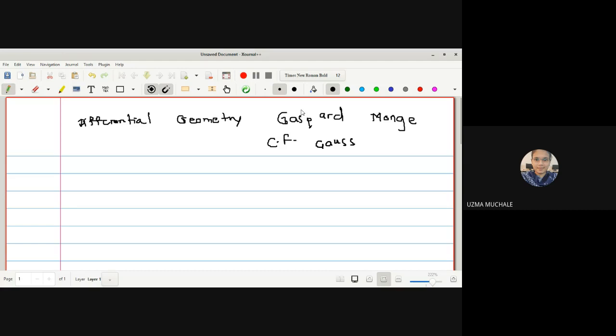These two mathematicians introduced the concept of differential geometry in the beginning of the 19th century.